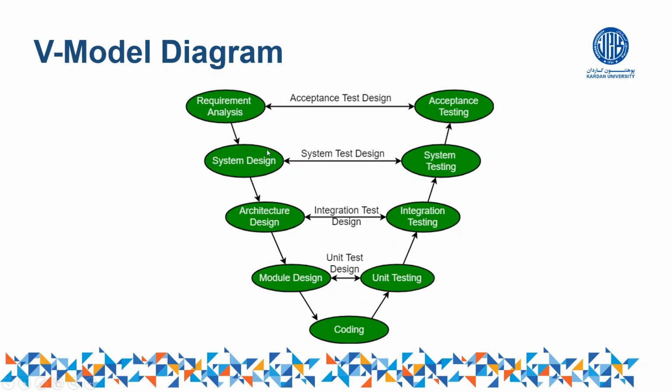Now this is how the V model works. All the phases are followed in a sequential manner, but after the coding you can see the phases are bent upwards. So on the right side we have the validation, and on the left side we have the verification. All the documents, test documents, review, inspection, walkthrough are done on the left side, while on the right side we have the validation, because we will have produced the different features.